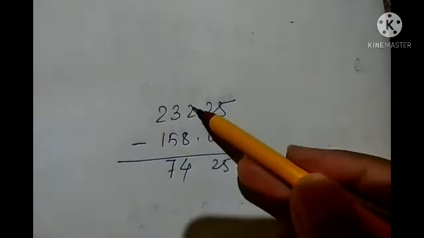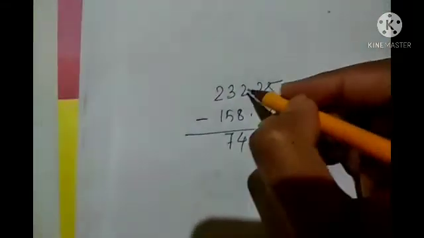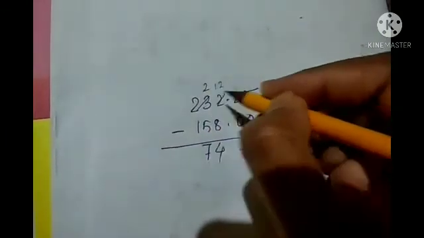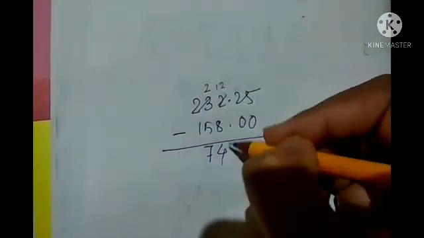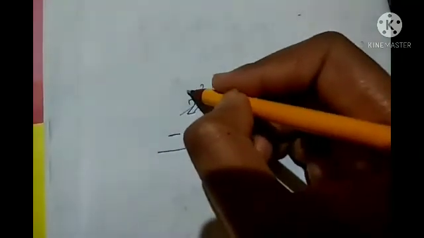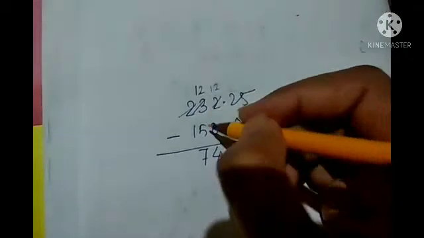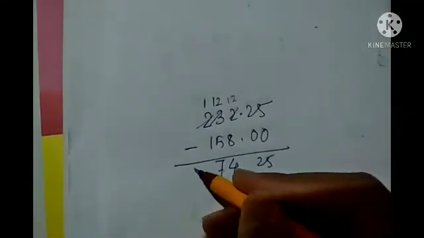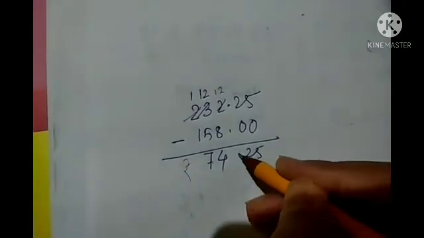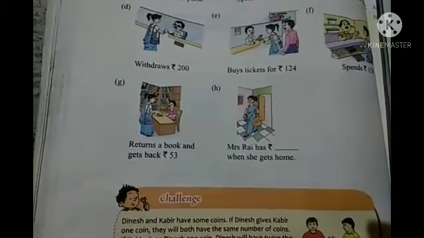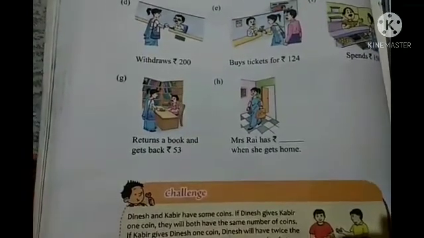So here we have to regroup. This one will become 12. From here we have taken, so this one will become 2. So 12 minus 8 will be 4, and 2 from 5 we cannot do. So from here again we have to take out. So it becomes 12. 12 minus 5 will be 7. And here 1 minus 1 will be 0. So now rupees 74.25.